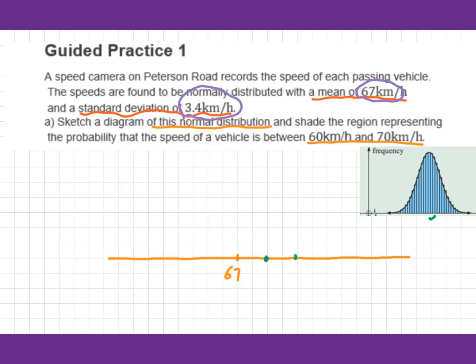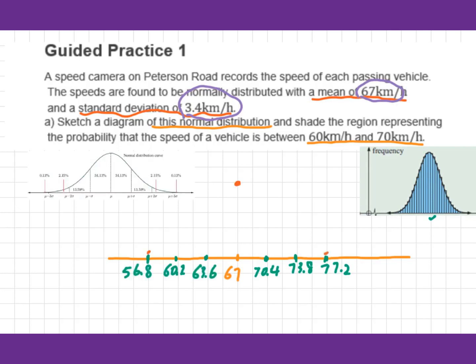This one here. I keep adding 3.4. I will get 70.4, 73.8, 77.2. The pattern for the normal distribution curve will be like this.